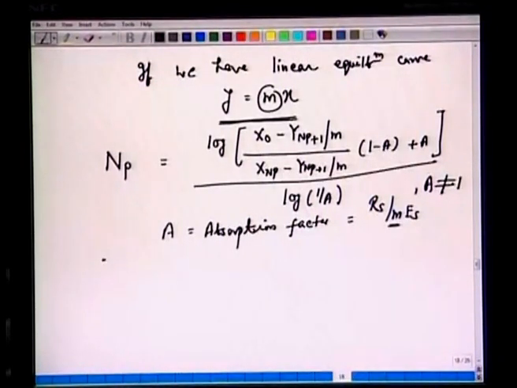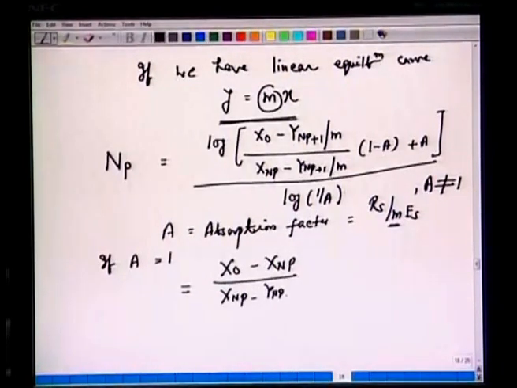And if A equals 1, then we have a different expression for Np, simplified as x0 minus x Np over x Np minus y Np plus 1 over m.